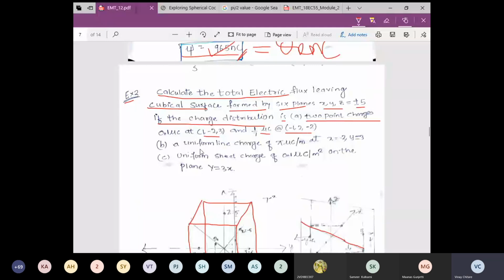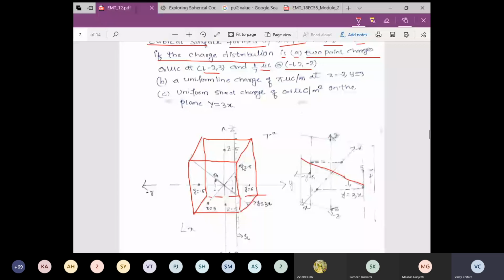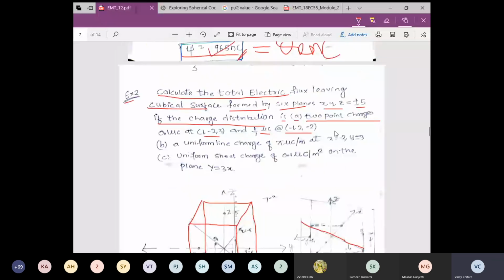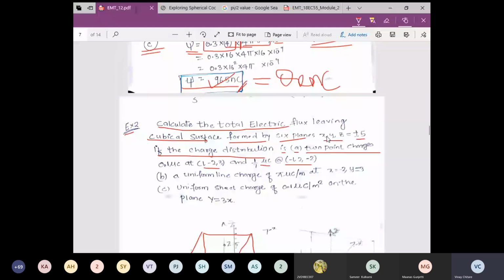So let us try to do the problem one by one. We'll do the A part. What he's telling is he has given the closed surface, and the closed surface is a cubical surface formed by the 6 planes.